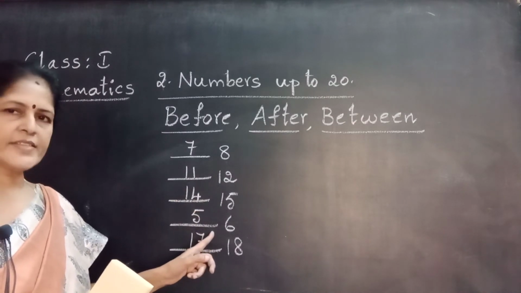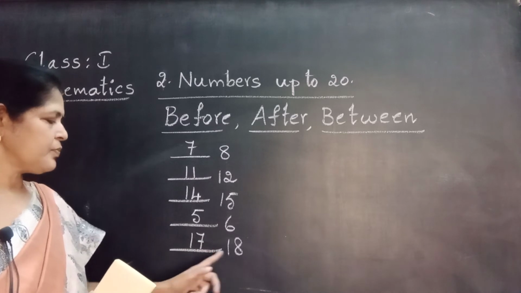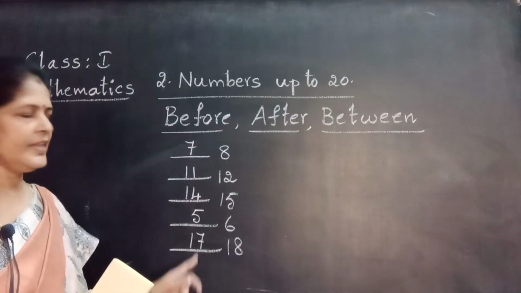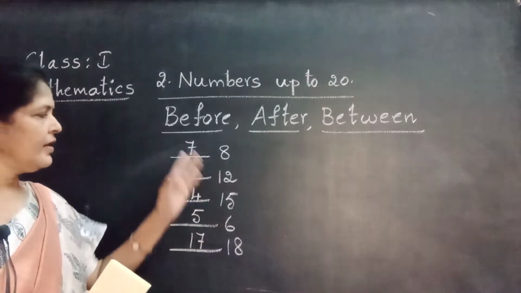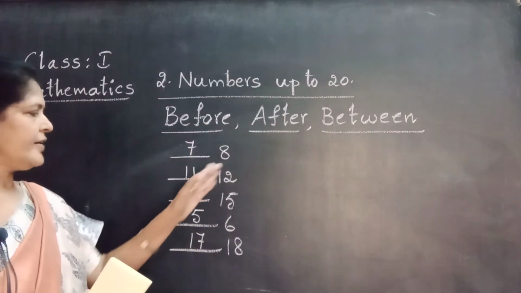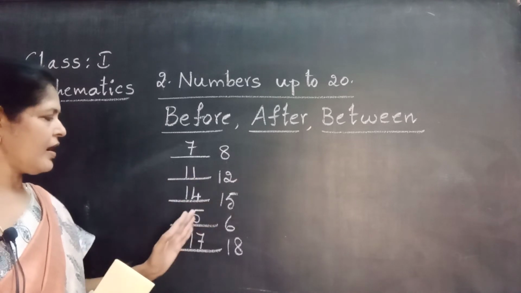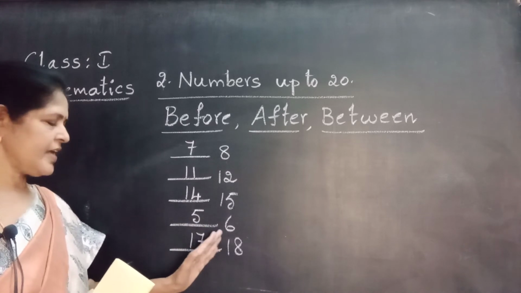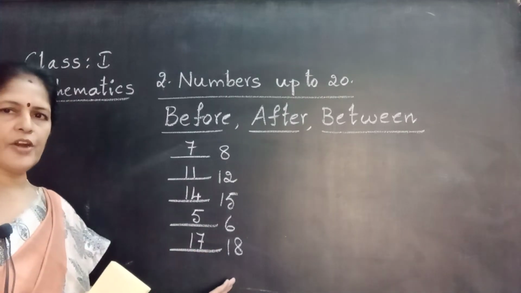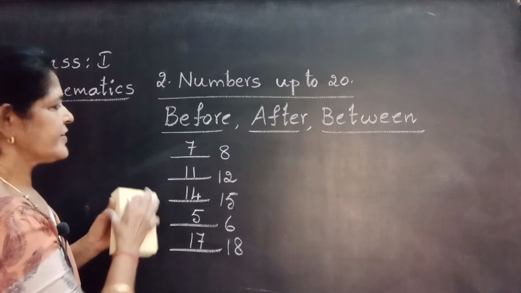What comes before 6? 5. What comes before 18? 17. 7 is before 8. 11 is before 12. 14 is before 15. 5 is before 6. 17 is before 18. Now go to the next one.